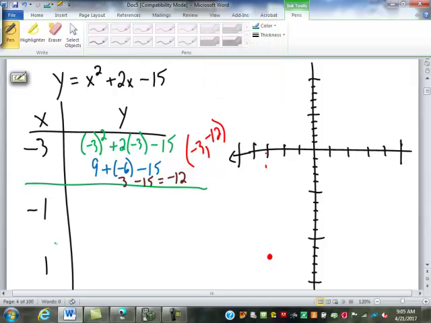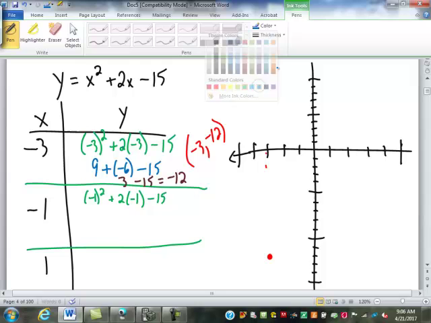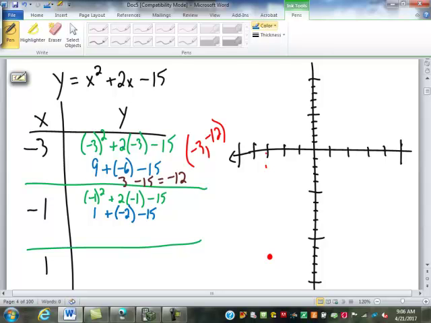If x is -1, y is -1 squared plus 2 times negative 1 minus 15. Negative 1 squared is 1. 2 times negative 1 is negative 2, minus 15. 1 plus negative 2 is negative 1.